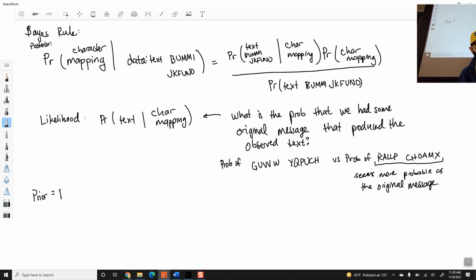Okay. The prior is just the probability of some character mapping. Prior to looking at the data, we have no reason to believe that a particular character mapping is more probable than any other particular character mapping, right?